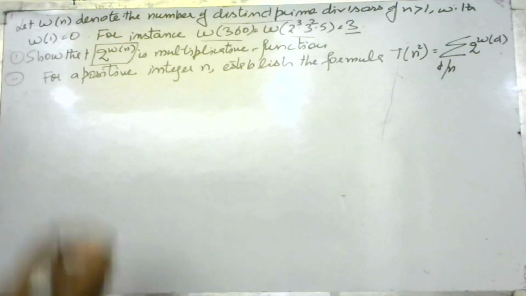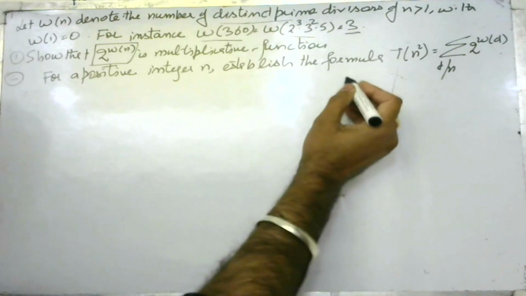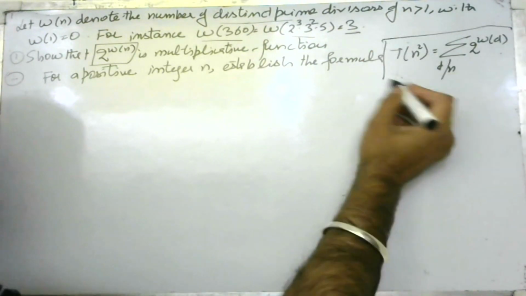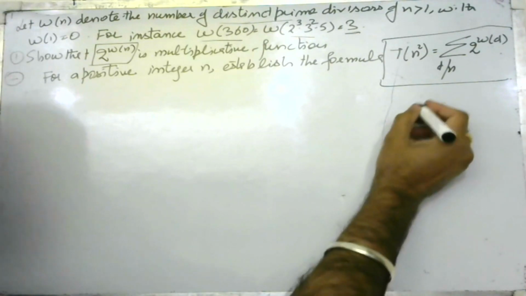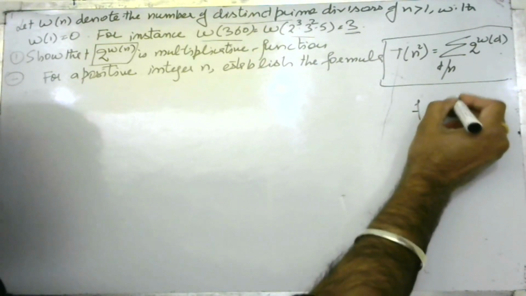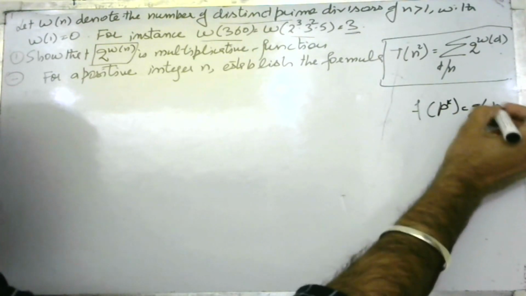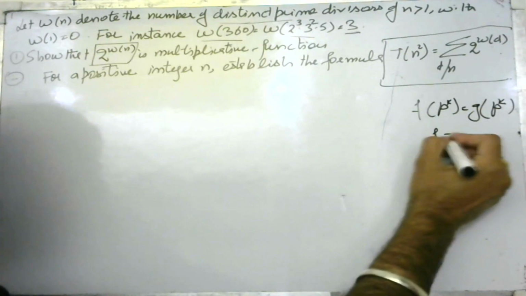So in the next part we need to prove this formula. Now to establish this formula, we need to use the previous result, in which we already proved that if f and g are two multiplicative functions and f of p power k is equal to g of p power k, then f is equal to g.